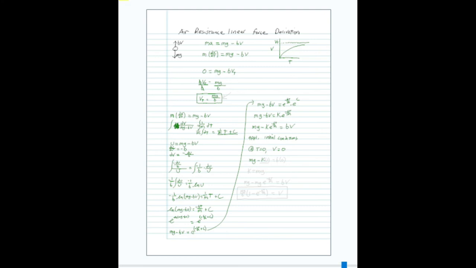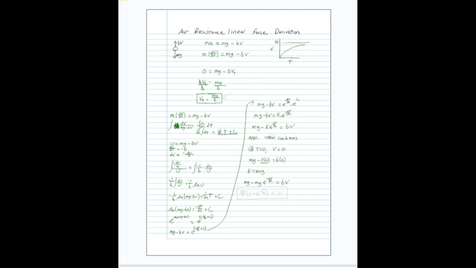So e to the 0 is 1. This is 1 equals b times 0, because v's got to be 0. Okay, so if we look at that, that means that this here, k times 1, has to give me mg, which means k is mg. So next step, mg minus mg times e to the negative bt over m equals bv in general.